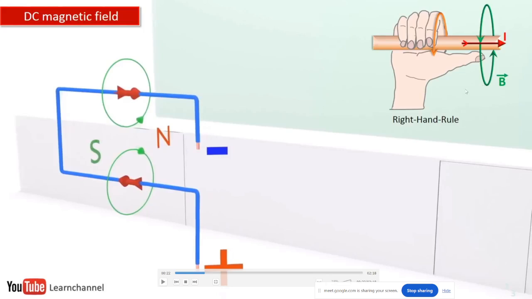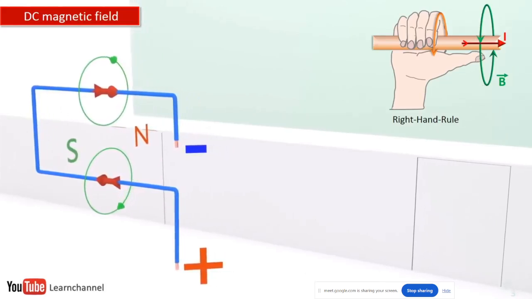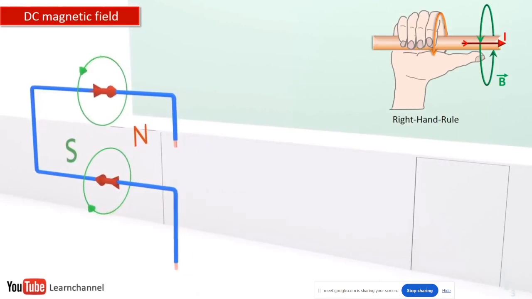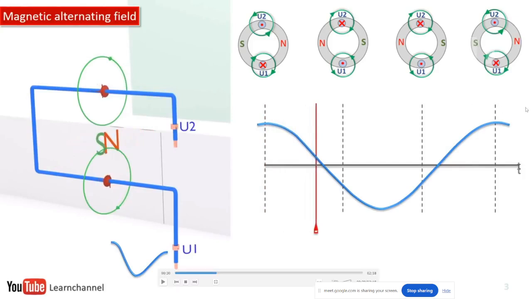That we can observe with the right hand thumb rule. But in case of AC supply, that is the case for the stator. For the stator, we will have these dot and plus symbols. The dot and plus symbols indicate the current direction.